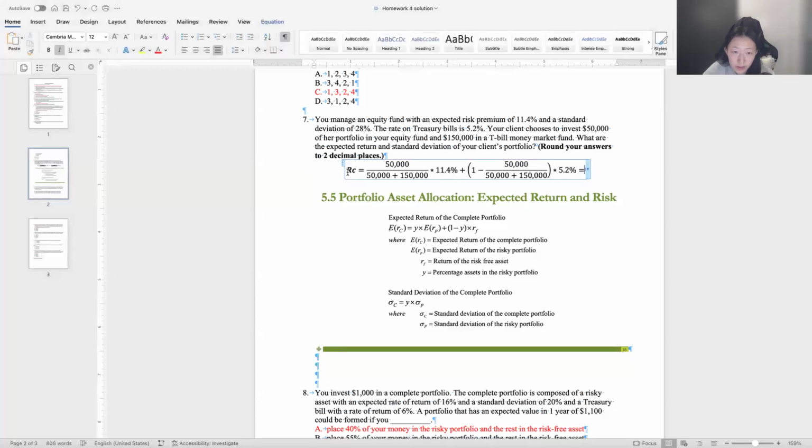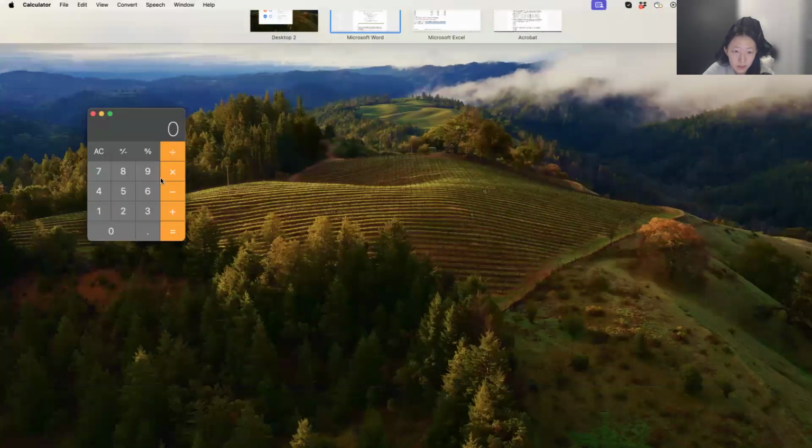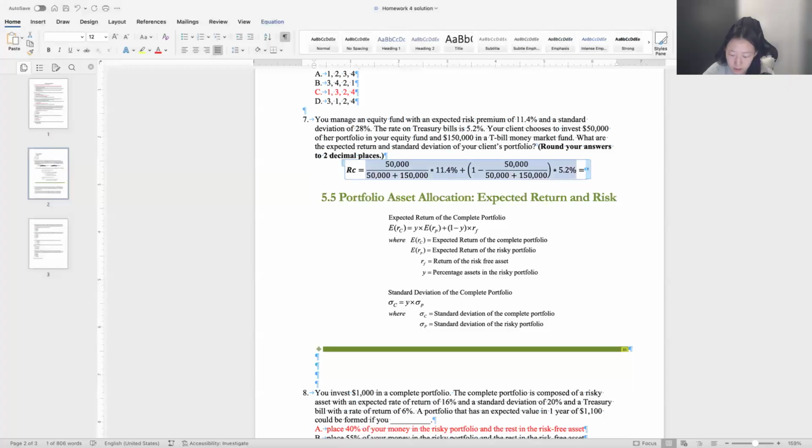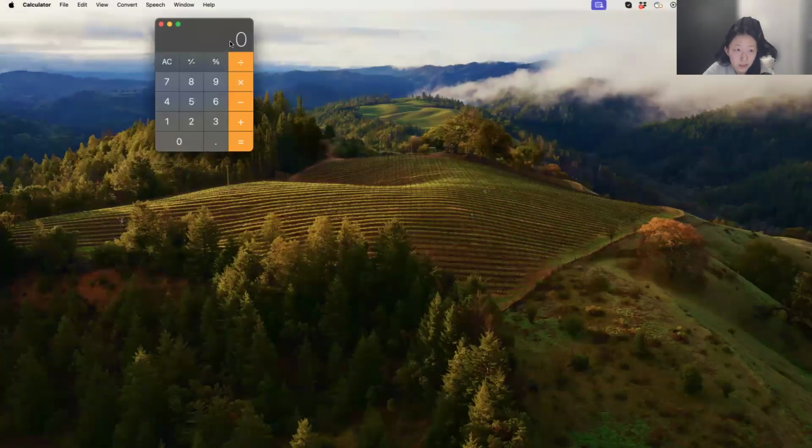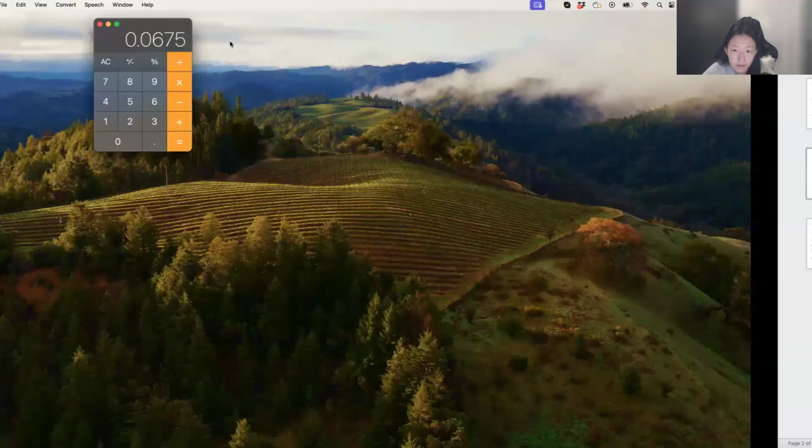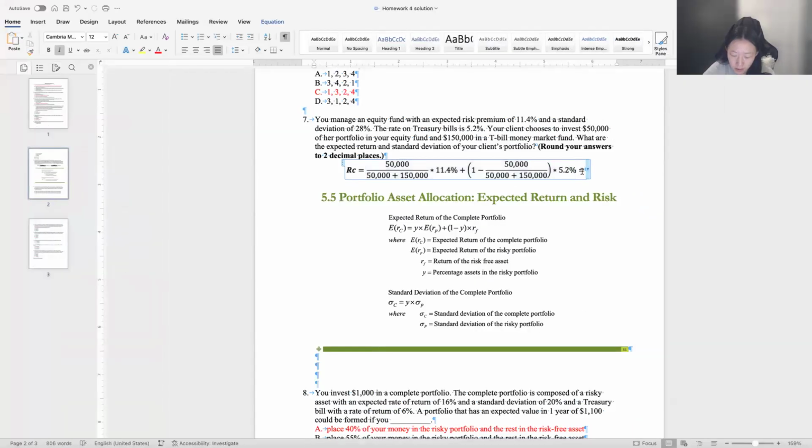Okay, so I'm going to see if the calculator can read this formula. It has got me 6.75%. 6.75%. I need to check whether it's correctly calculated.